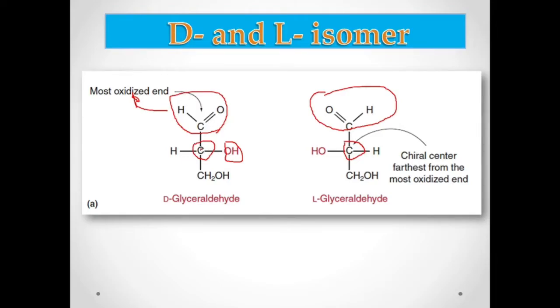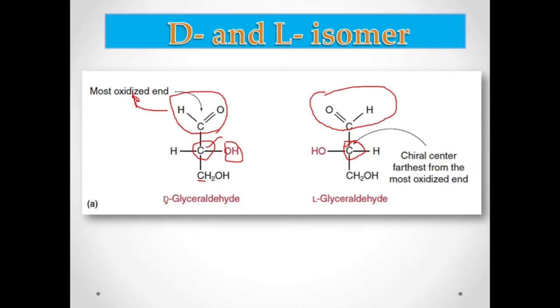Okay, so this is the only chiral carbon that is farthest from the most oxidized end. This one is not chiral, so we cannot consider it as the chiral carbon that is farthest from the most oxidized end.